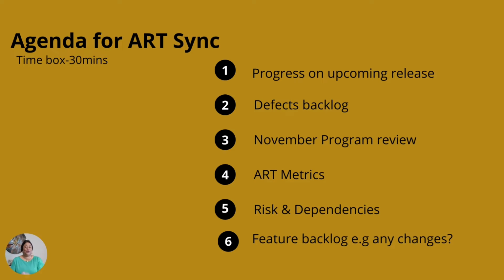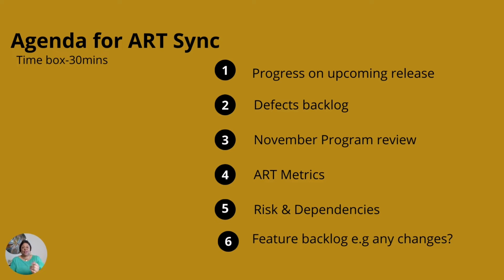For number one, I have progress on the upcoming release. Let's say we have a release coming up towards the end of November. I want to talk about it during my AdSync. I ask them questions like, are we very sure that this release will go out on the 30th of November?